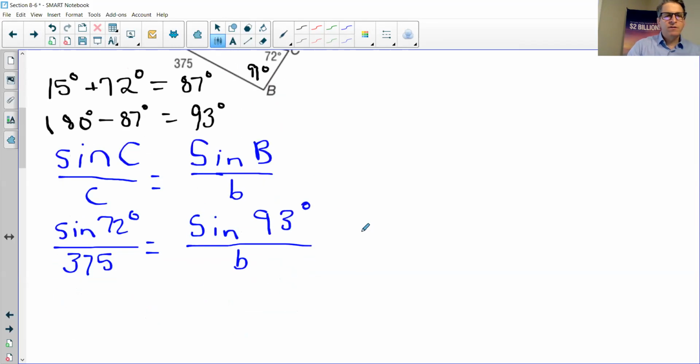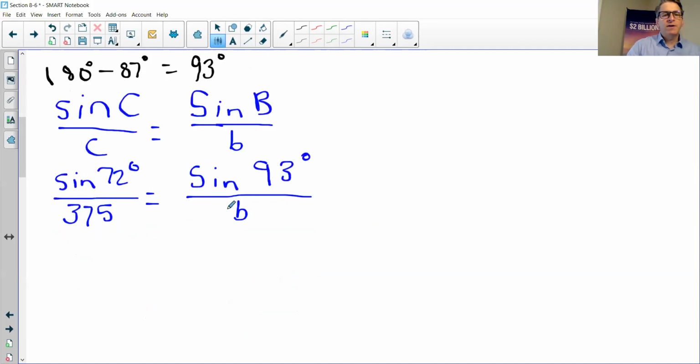If we were to solve this, we'd have sine of 72 degrees times b is equal to 375 times the sine of 93 degrees.